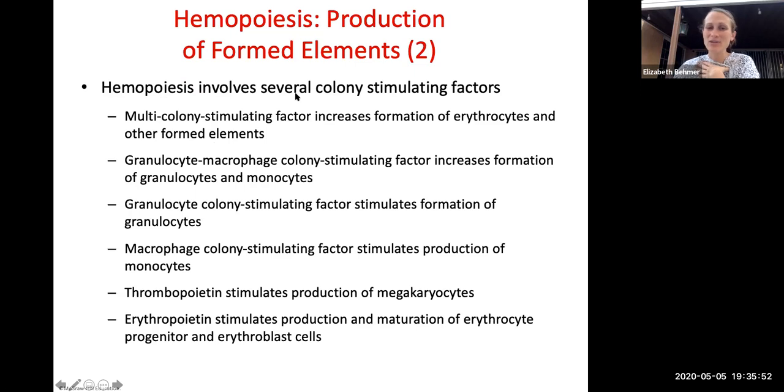Hemopoiesis involves several colony-stimulating factors, and they just increase the formation of erythrocytes and other formed elements. You guys don't need to know all these colony-stimulating factors, but they just stimulate the production of a particular cell type.